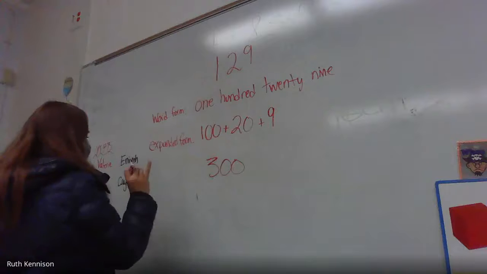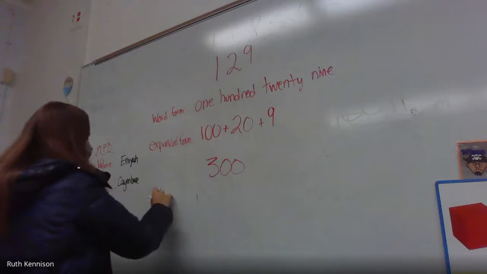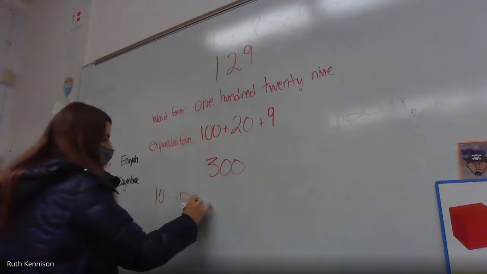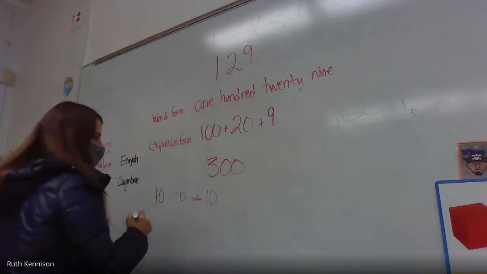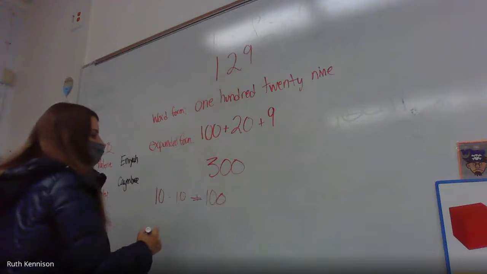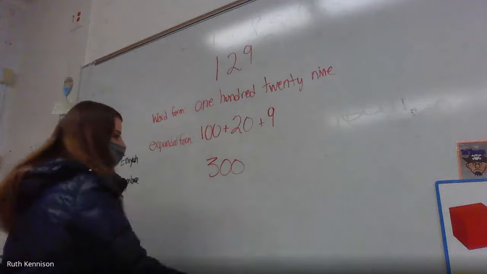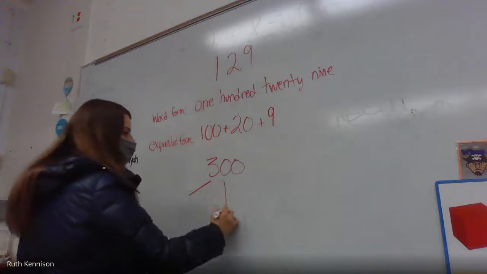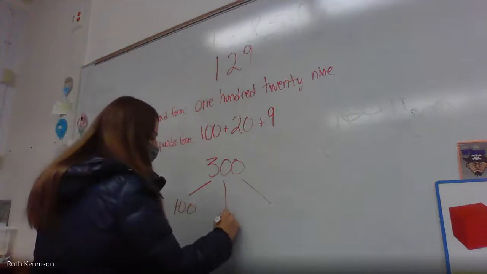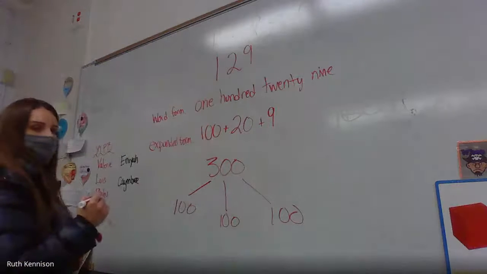So if I have 10 tens equal 100, then I know that 300 is broken up into 100, 100, 100.